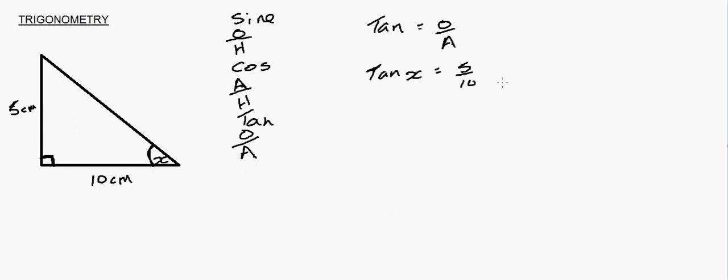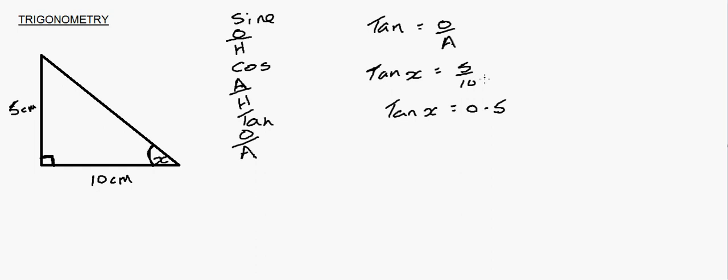Okay, now tan X then would equal, now what you would do with your calculator, I know this will cancel down to a half, because 5 goes into 5 once and 5 goes into 10 twice, and I know that a half is 0.5.